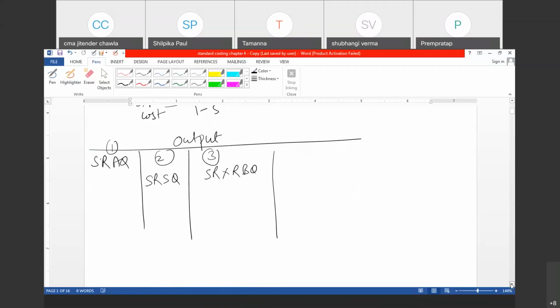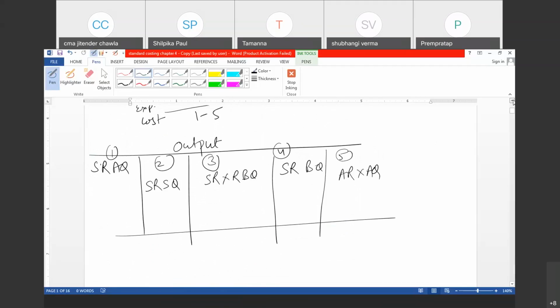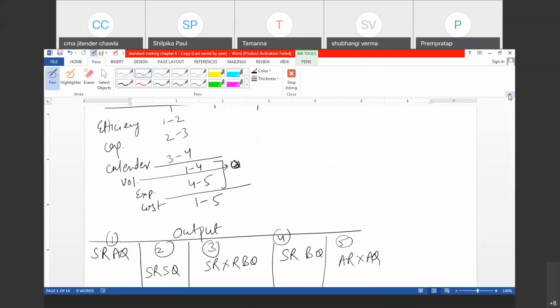Okay. On the basis of output, we have 1, 2, 3. Fourth one is standard rate into budget quantity. Fifth one is actual rate into actual quantity. And same, you have everything same. All these formulas fit into this one too.